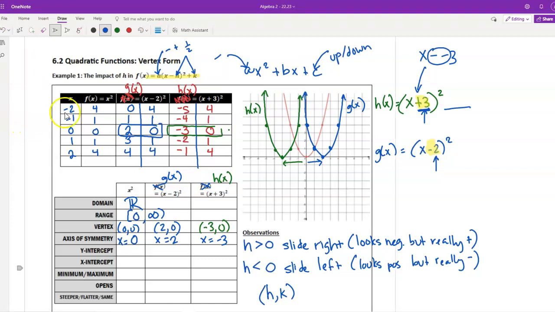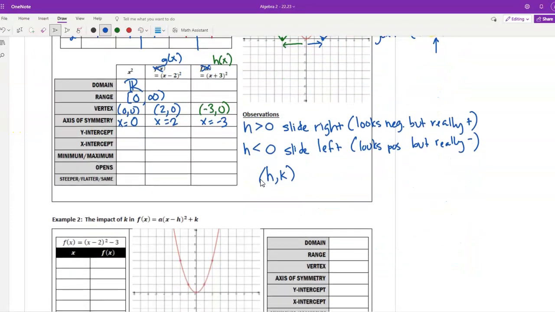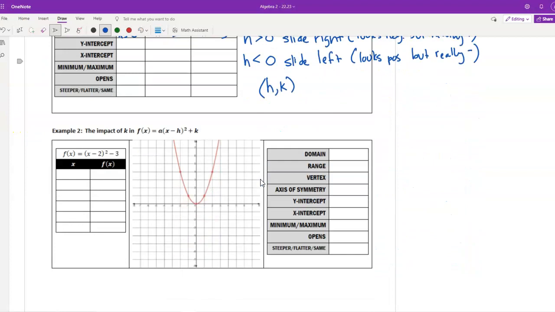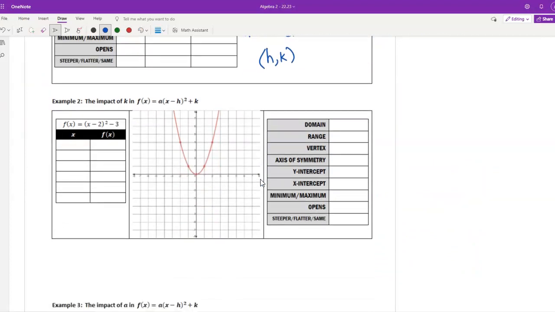So let's take a look at the next example. I want us to start using the equation to help us out. It actually will speed up the graphing process as well. Remember, this right here is our vertex. We can see that we're subtracting 2 and we're doing a minus 3.